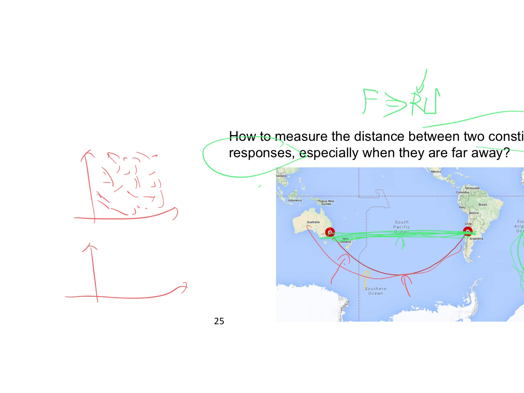But what you may actually have is something like this. It's not just about sparsity: you have very dense states locally, but globally you could have neighborhoods that are very far away.